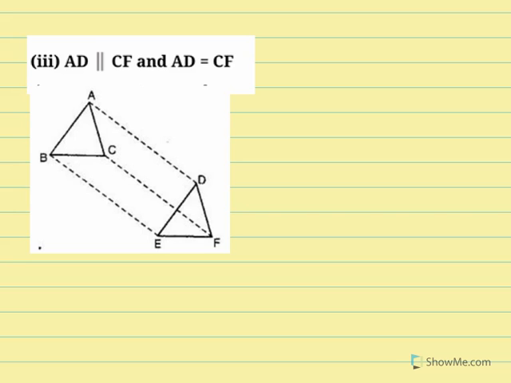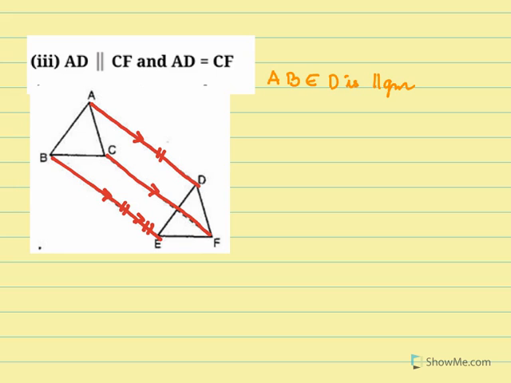So in the first statement we wrote that AD is parallel and equal to BE, and now in the second statement we have written that CF is parallel and equal to BE.